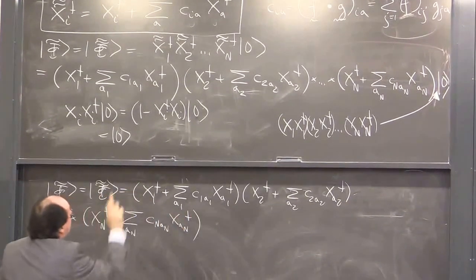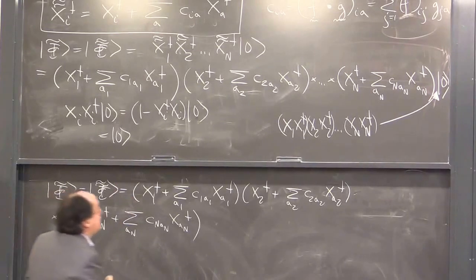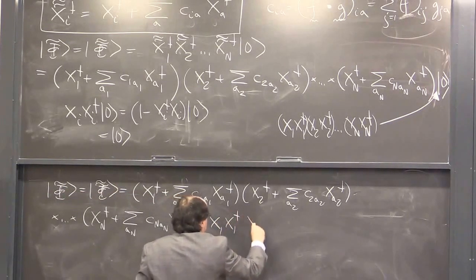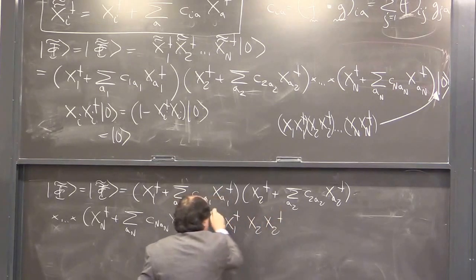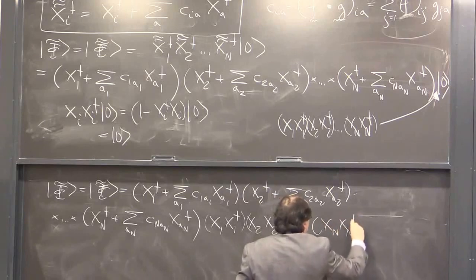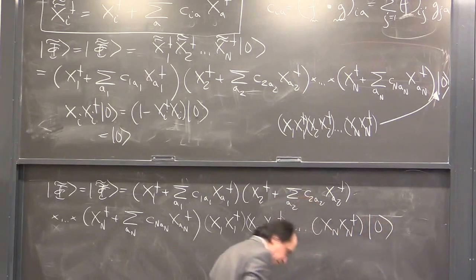So I just repeated what I had there, I hope correctly. And then we have x1 dagger, x2 dagger, and then xn dagger acting on the true vacuum.